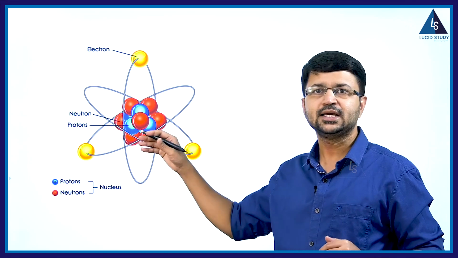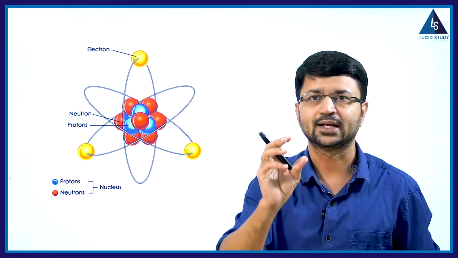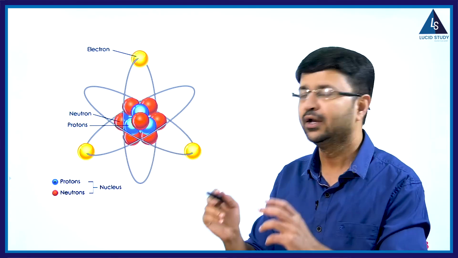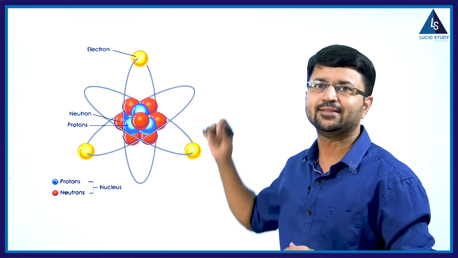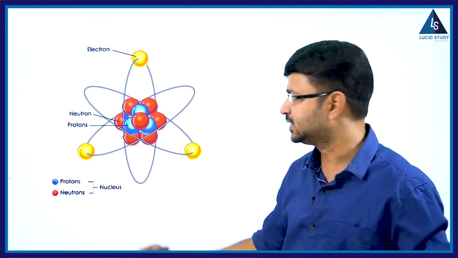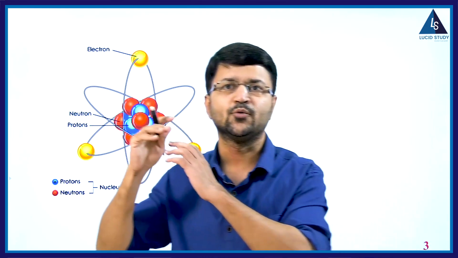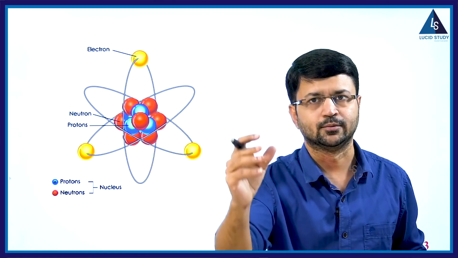In this picture, you can clearly see the neutrons and protons present in the nucleus, and electrons revolving in concentric orbits inside the atom. Various scientists have put effort in order to explain the structure of atom.